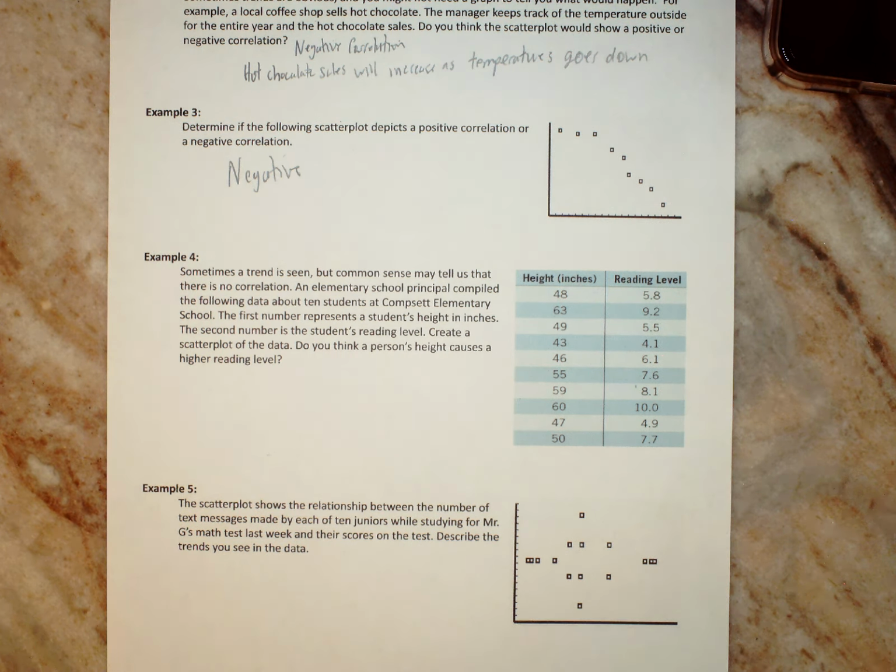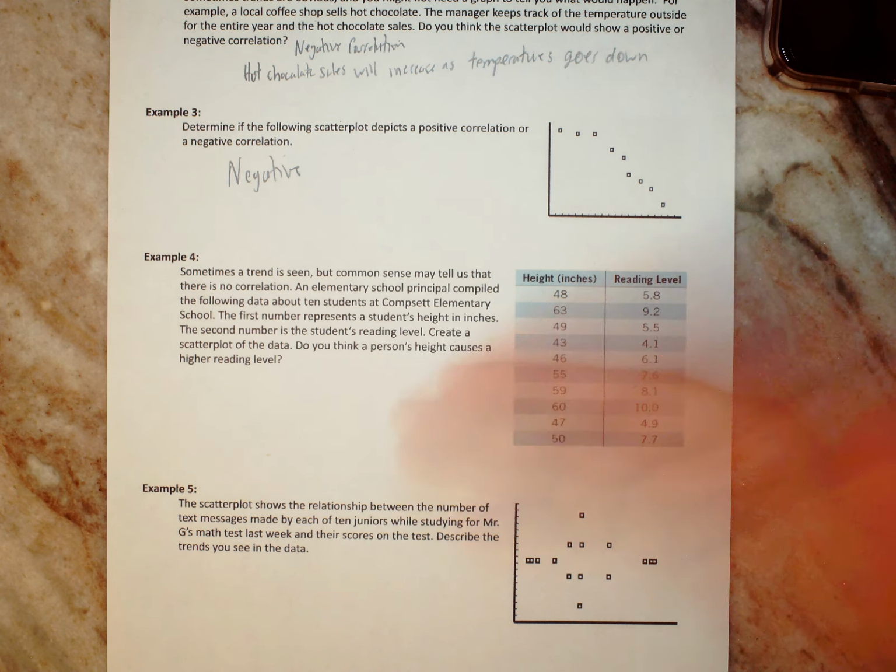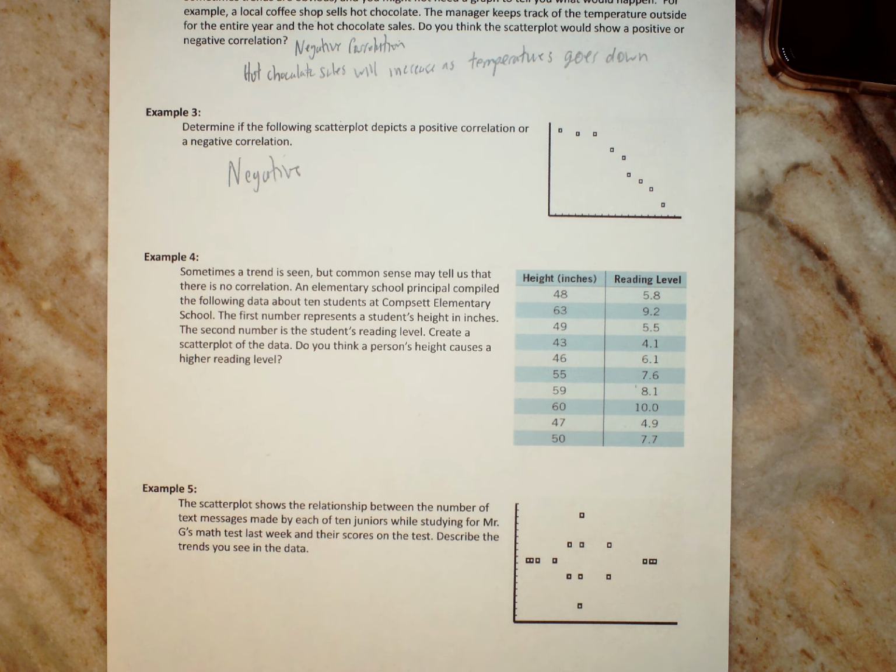So again, just talking about this, it's saying that the height and the reading level have nothing to do with each other. Now, as time goes on, you ideally get taller and your reading level should improve, right? The taller you get, the older you get, the more you read, your reading level should go up. But just because the variables are related does not mean that they cause each other.